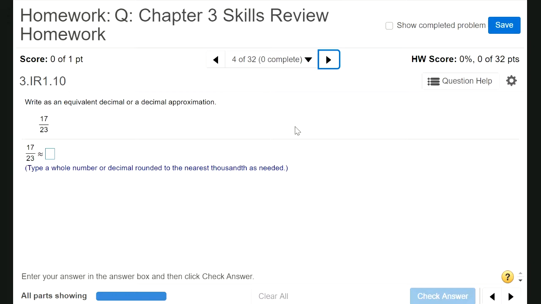So it's written in fraction form right now. They want us to write it as a decimal.